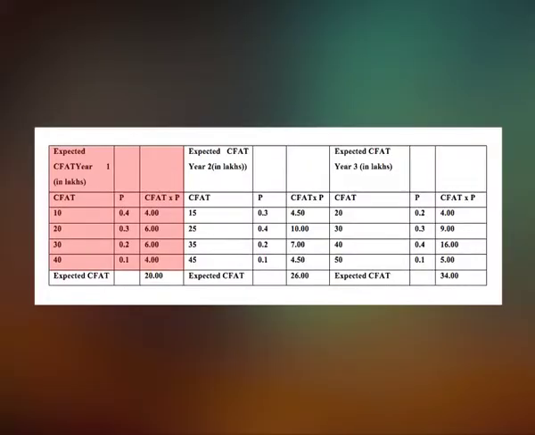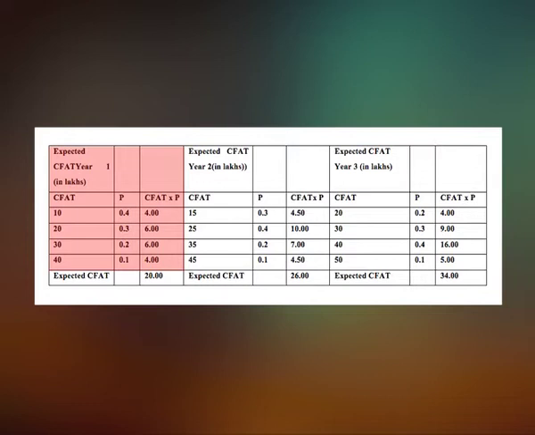The expected cash flow after tax for year 1 is given in lakhs, with the probabilities given, and then CFAT multiplied by P, that is cash flow after tax multiplied by the probability. So, cash flow after tax is 10, probability is 0.4, then the product of the two is 4.